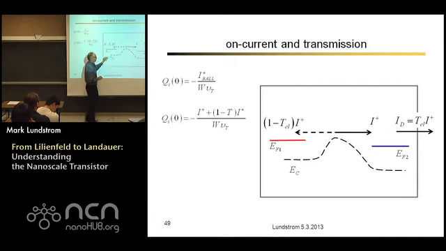I have some carriers with negative velocities. I have to add the two up in order to get all of the charge. This is the stream with positive velocities. If T of them are transmitted across, then 1 minus T come back in the other direction. So this is the stream of electrons in the negative velocity. They travel at the same thermal velocity, so I can get the total charge.